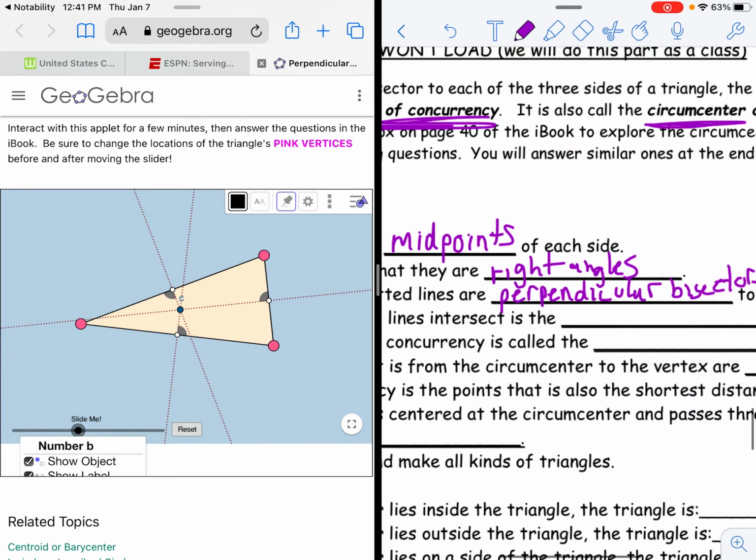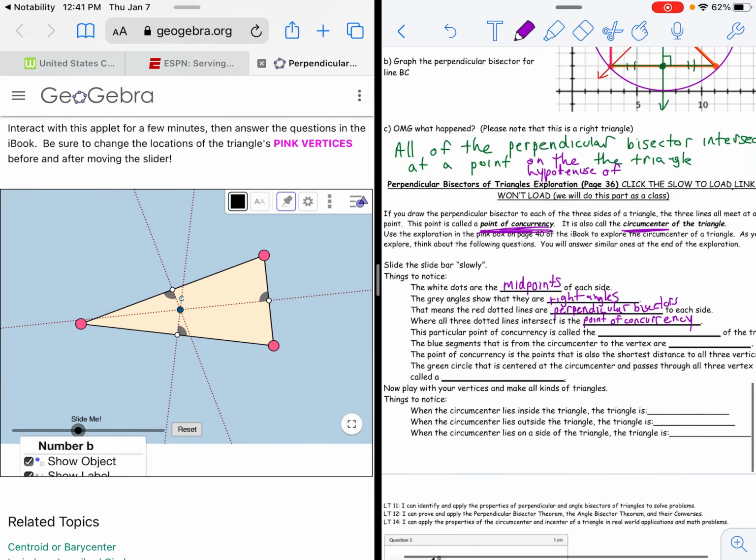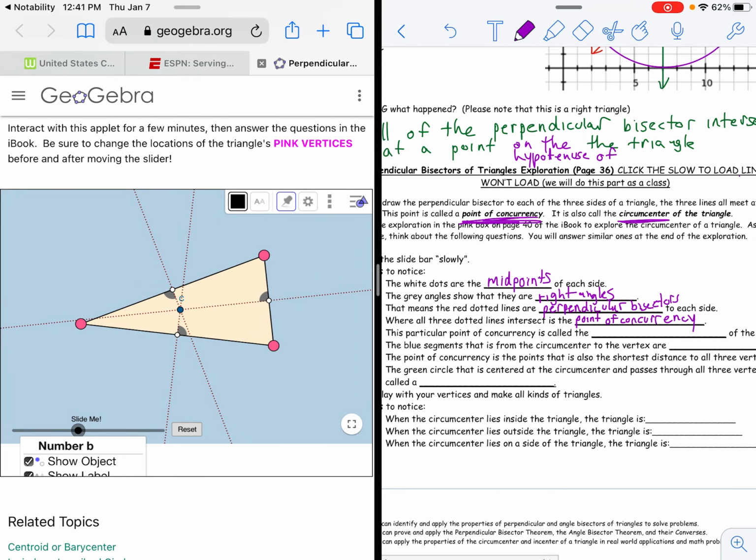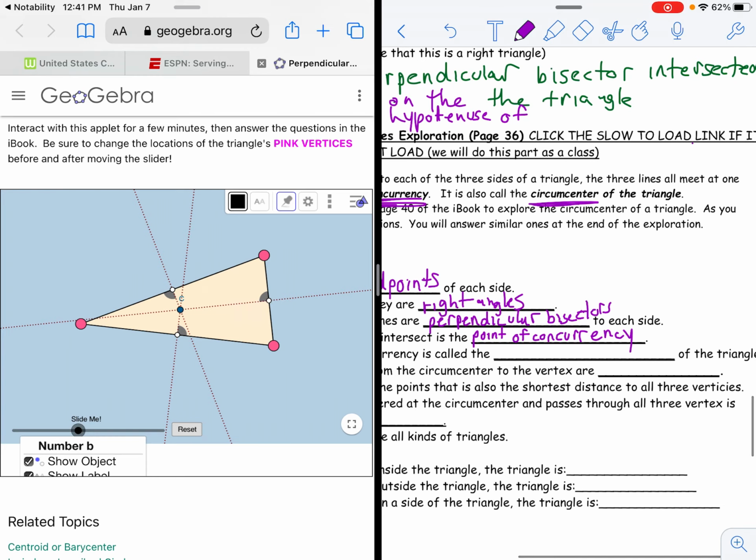And where all three dotted lines intersect is the point of concurrency. And this particular point of concurrency is called the circumcenter of the triangle.